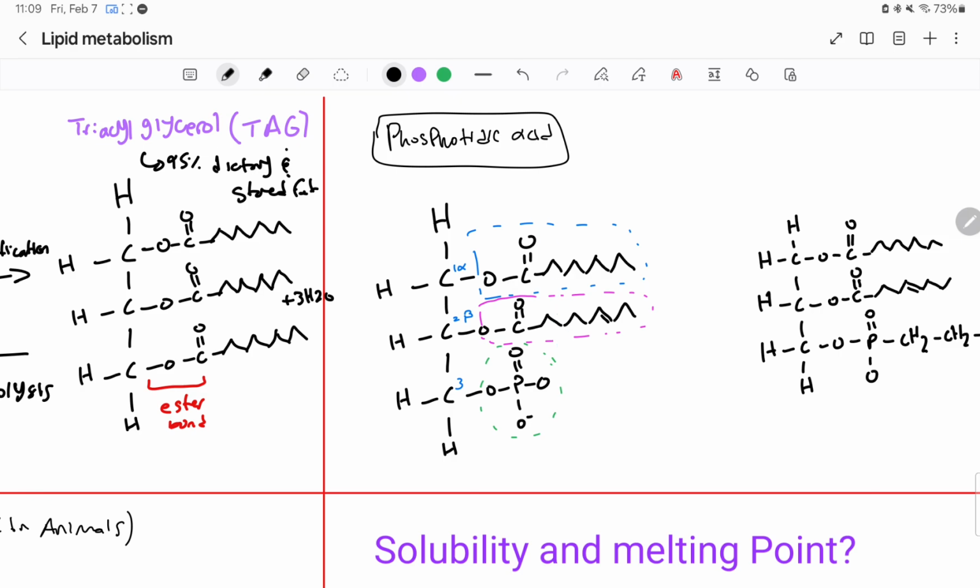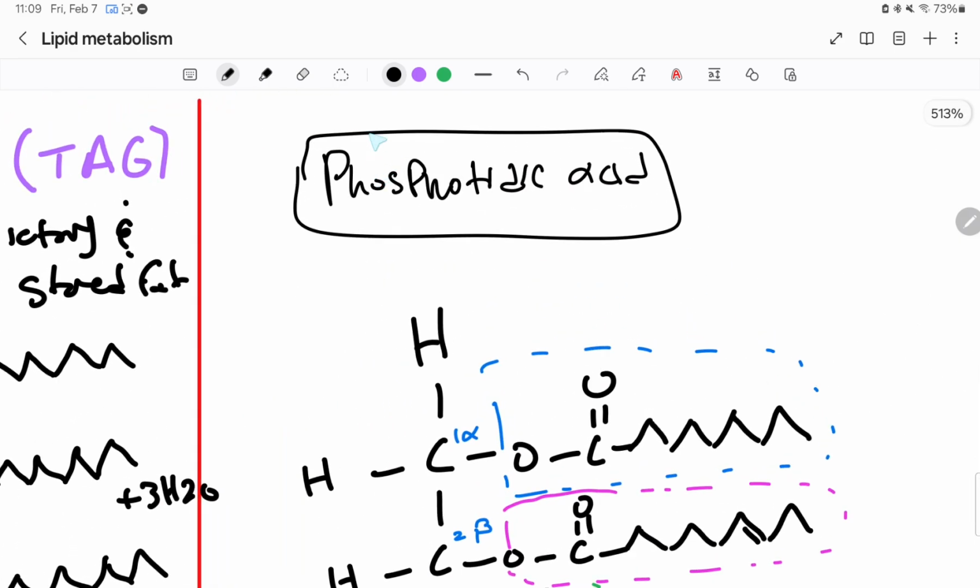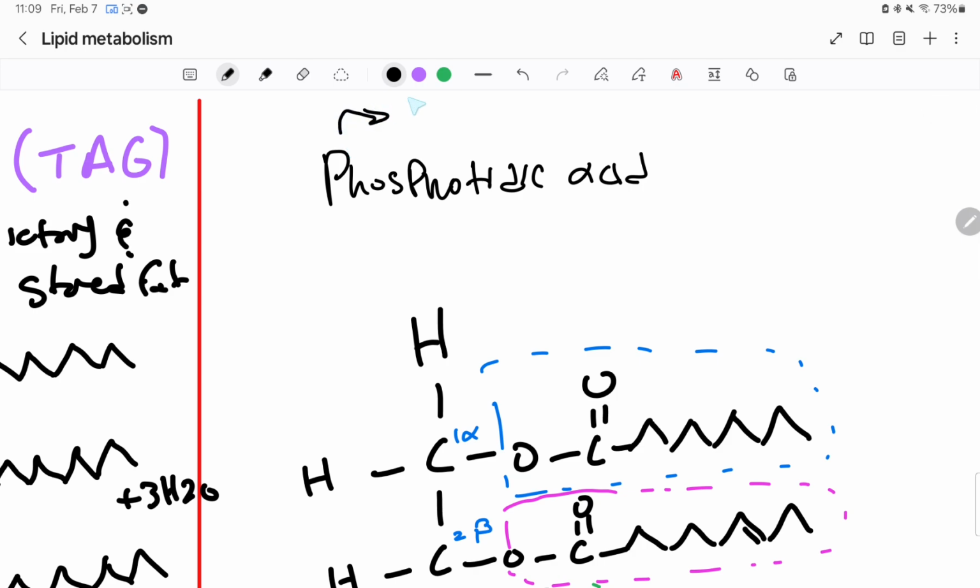Anyways, what do you know about phospholipids? Phospholipids exhibit this thing that some of you might not have heard of. They are called amphiphilic or amphipathic. That's the kind of nature that they have. What does this mean?